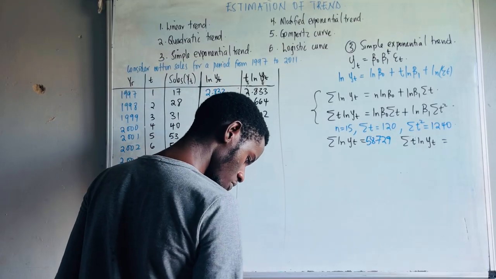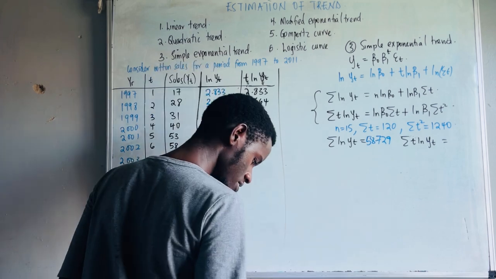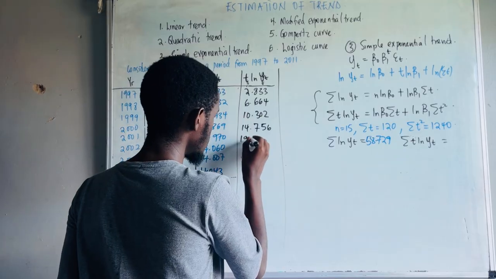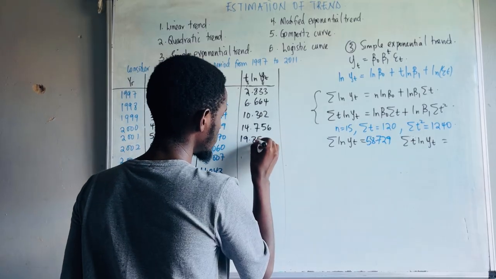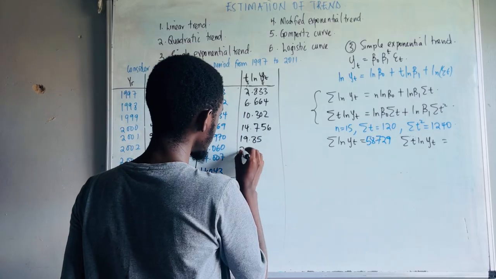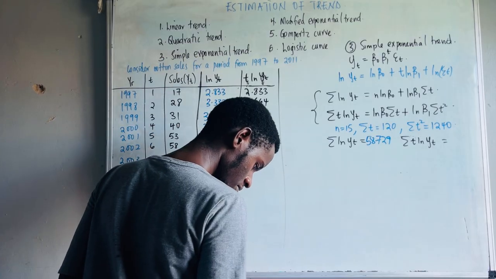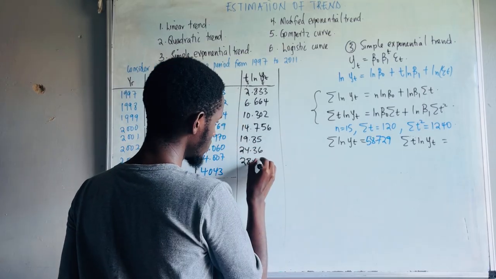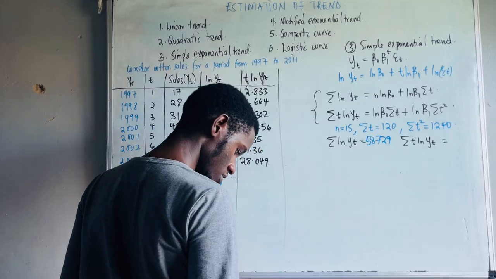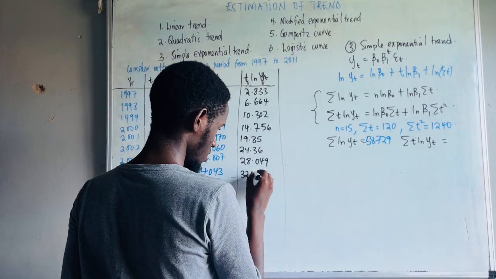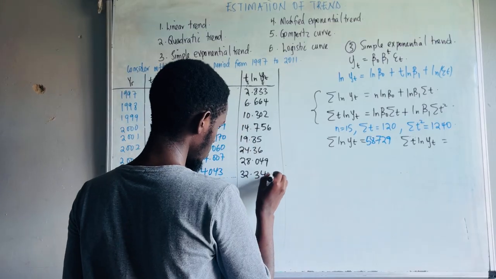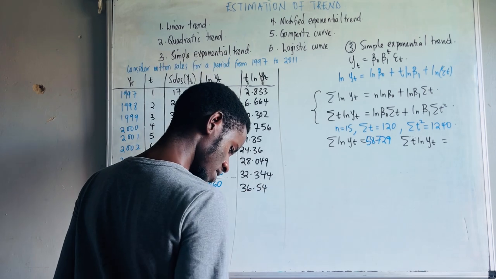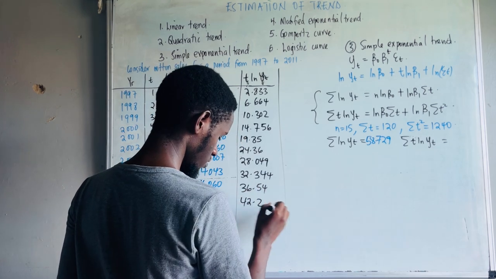I have 10.302, then 40, then 9.36, 0.0, added 2, 4.